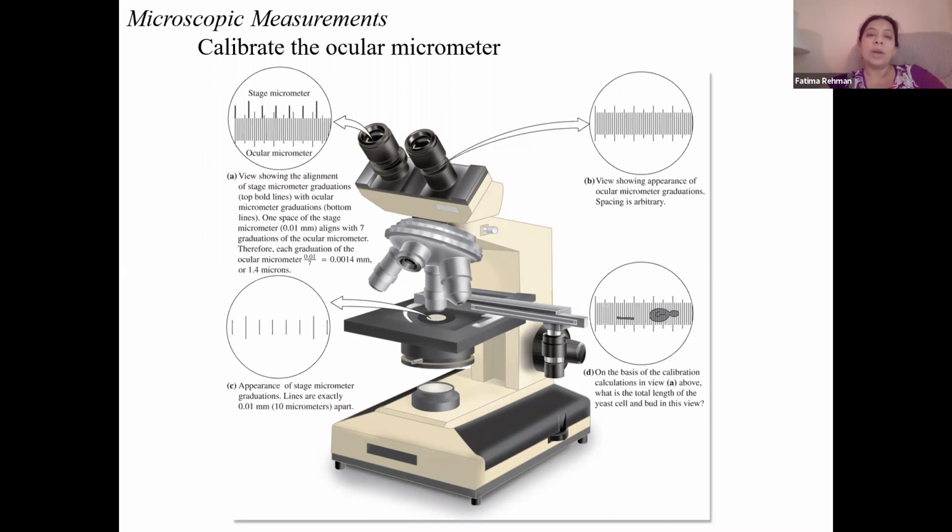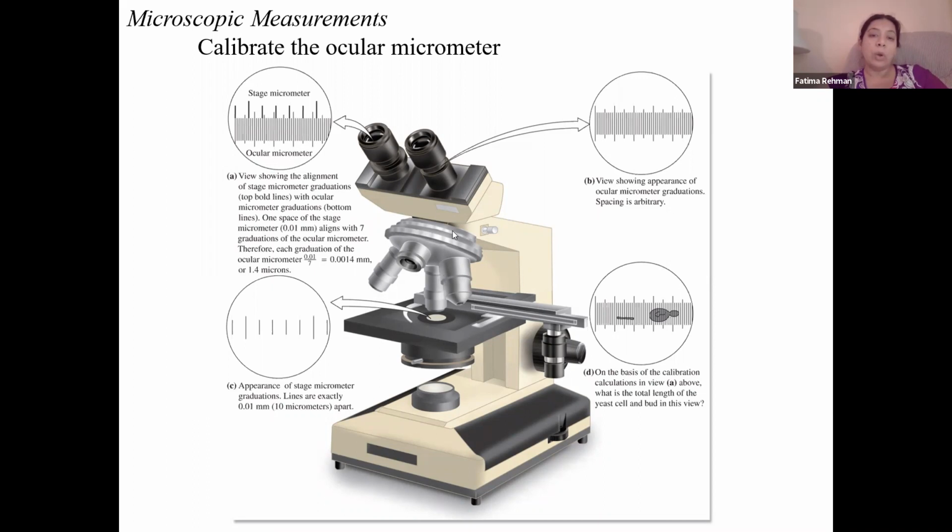So yes, the lowest objective lens is called the scanning objective lens. The reason for that is that when we are looking at this specimen underneath the microscope, this will allow us to see the maximum area of that slide. And so we can use it to scan our specimen and pick the area that we want to focus on, and then we can magnify the area of interest further to look at it.